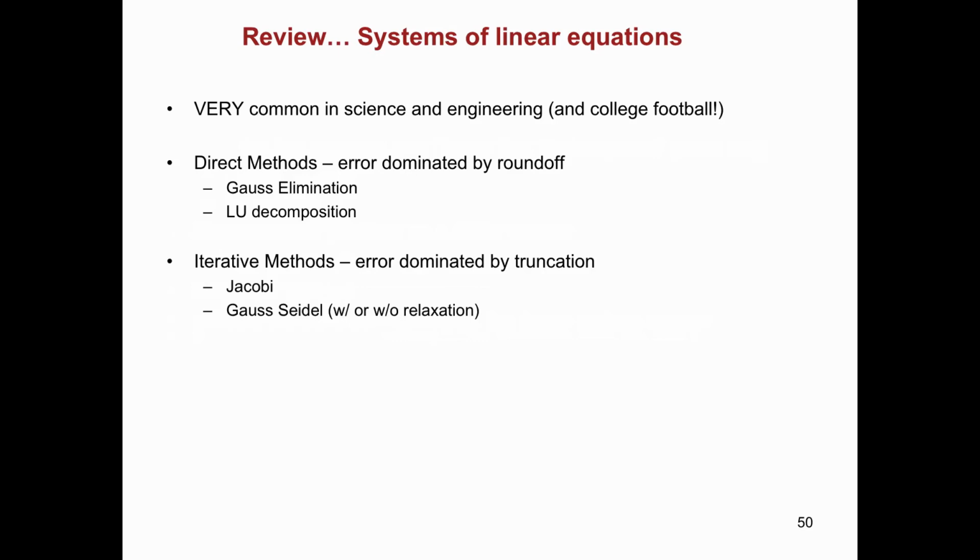So we often have to solve systems, and direct methods are those represented by Gaussian elimination and LU decomposition. Iterative methods are Jacobi, Gauss-Seidel, and successive over-relaxation. In all cases, I have to choose the method judiciously. If I have smaller systems, I will go with Gaussian elimination.